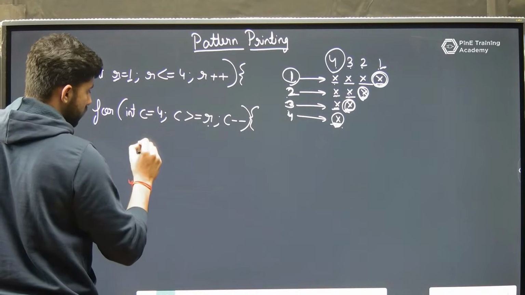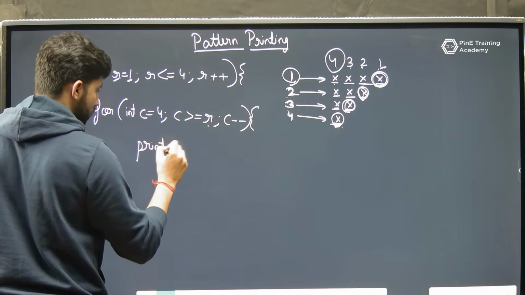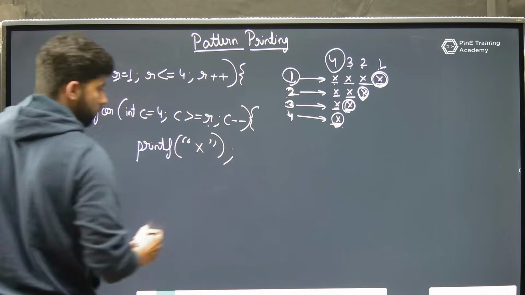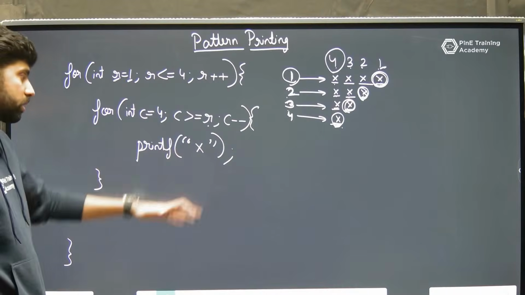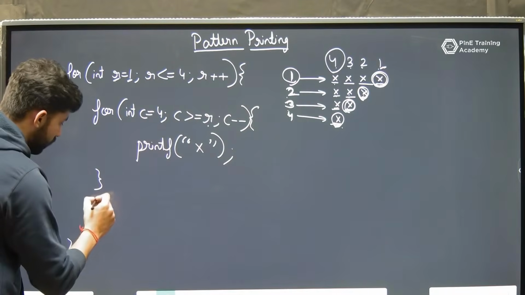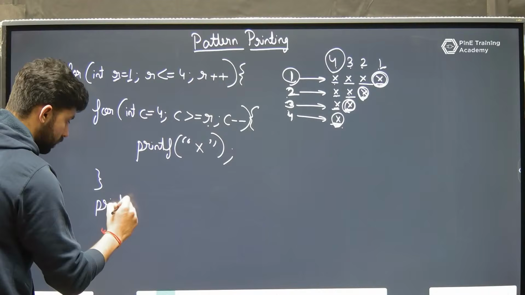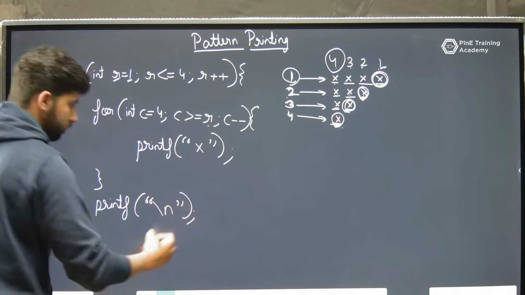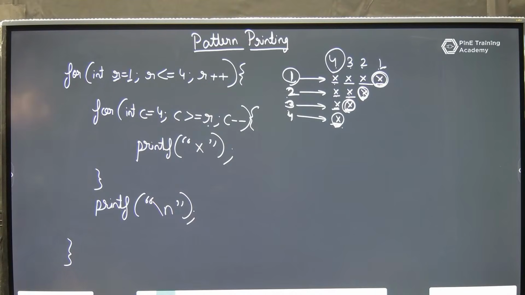Now I will just simply print this pattern. What do we need to print, which is our third step, and we will change the line. Okay, we will change the line. So this is our pattern.